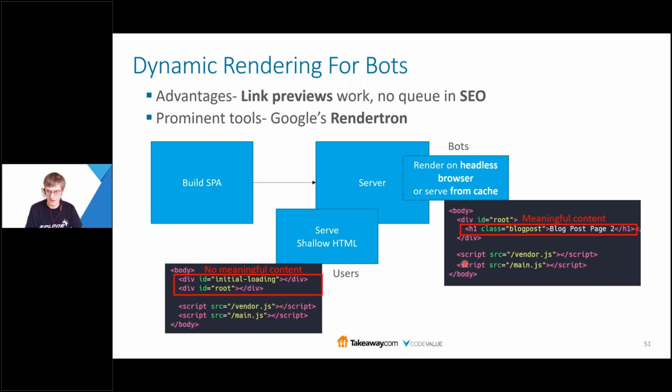And it works really nicely for us. And the big advantage in this solution is that not only do we have very nice link previews and we don't need to wait in queue in SEO, also it's much easier to do than SSR and client-side and SSG.